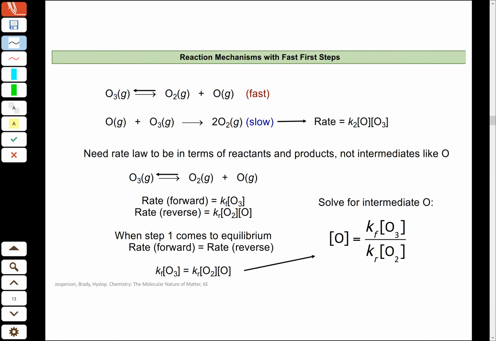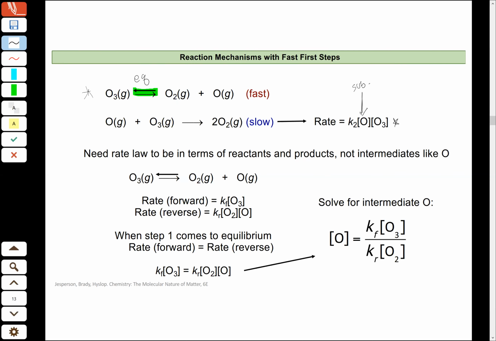Okay, so here's that rate law we just developed on the previous slide. And what we're going to need to do is find a way to substitute for our intermediate. And we're going to turn to our first step to help us with that. Now, this is our fast step, so it'll be happening really fast. This is also a reaction that is at equilibrium, which I know is our next chapter. But we've already been introduced to dynamic equilibrium.